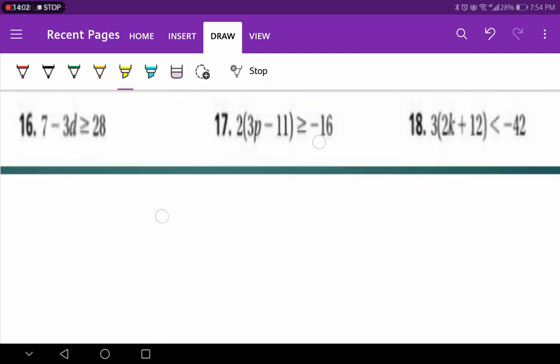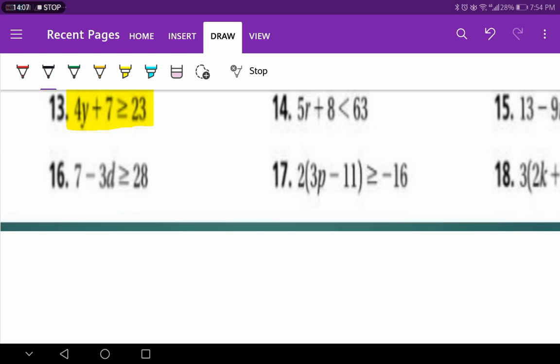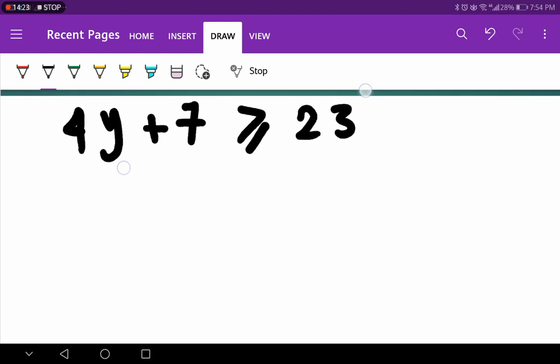Let us take 13. All of you know the first step. Yes, this is the left side, and this is the right side, and we start with minus 7 on both sides.